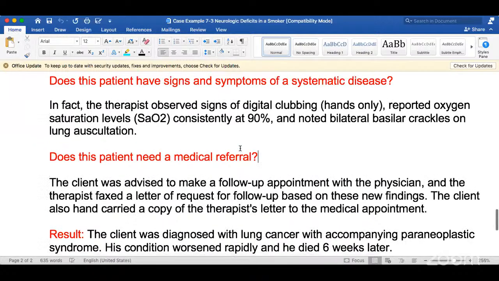There was no diagnosis of a neurological systemic problem. But the fact that this physical therapist went further to find out and establish the fact that there is a systemic disease affecting the pulmonary system, referral was based on two red flags, that of neurological system and that of pulmonary system.